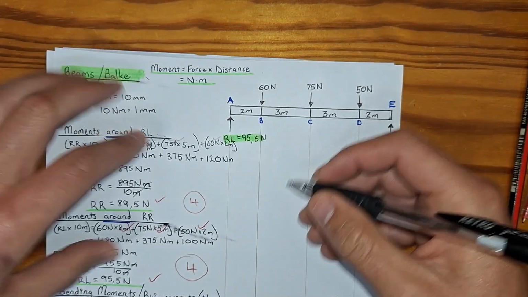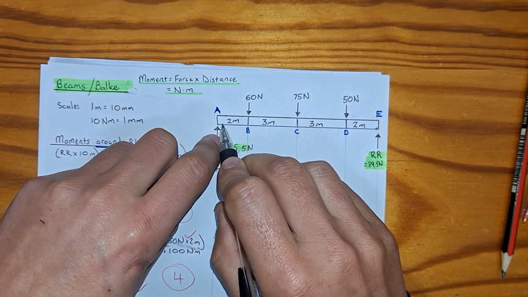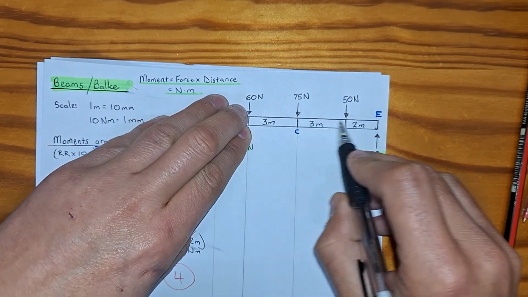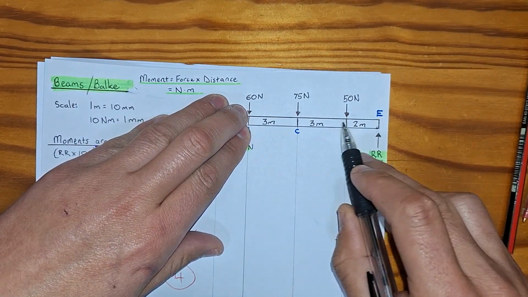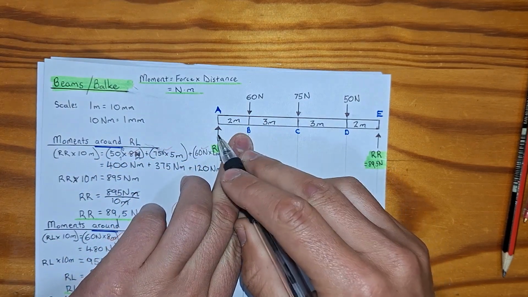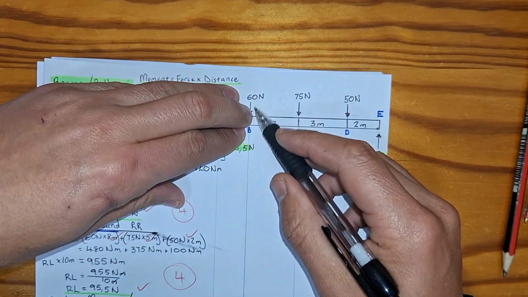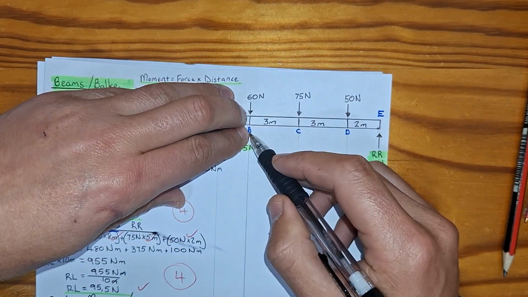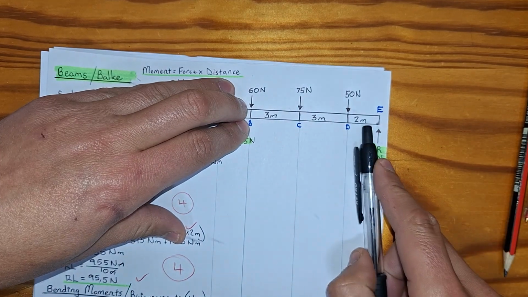Okay. We could also have, instead of working towards the left, worked towards the right. But we can see that there are 3 more forces on the right side compared to the left side. So the easier way to do the calculation would be to the left. But if we did it towards the right-hand side, remember we're not looking at 60 Newton because that is at B. So we are looking at the external forces.